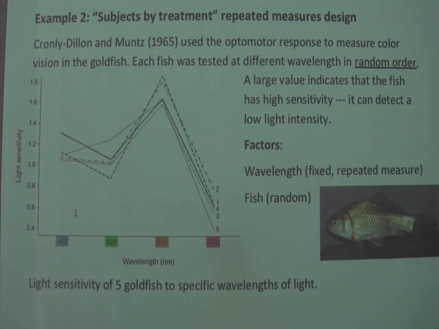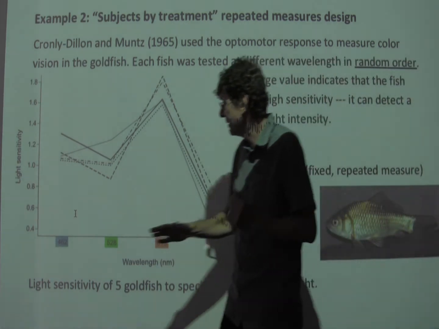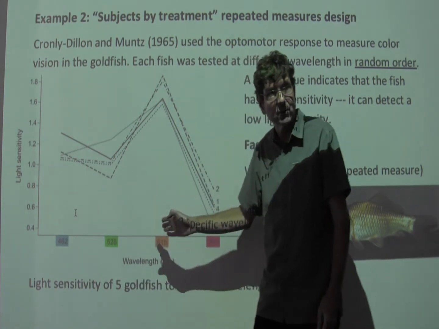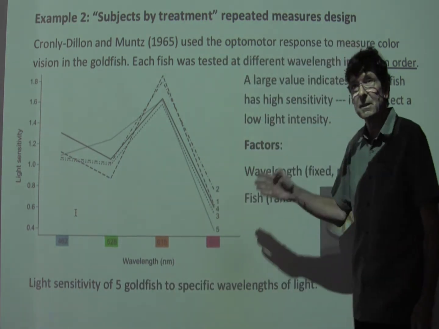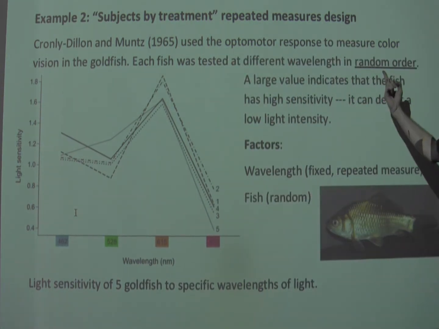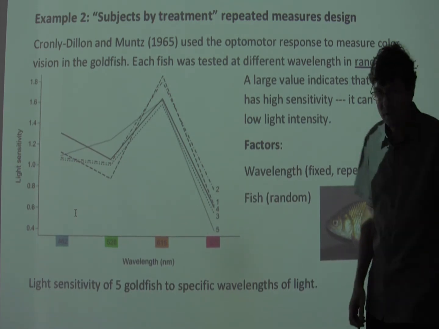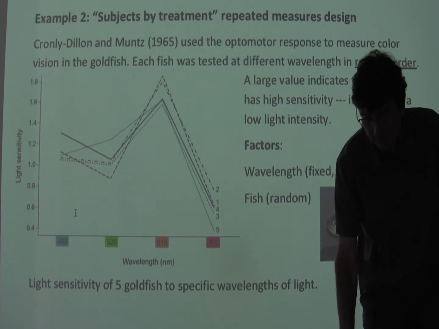In this experiment, one way to ensure that there's no carryover is to avoid starting at low wavelengths and gradually all going in the same order, increasing wavelength, increasing wavelength, but rather to provide the treatments in a random order, so that there's no correlation between consecutive measurements.